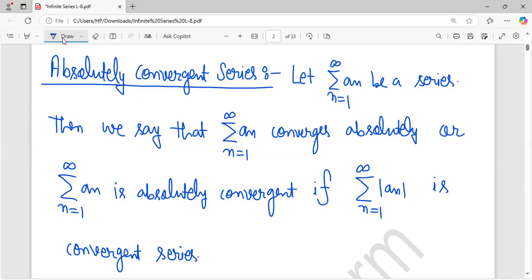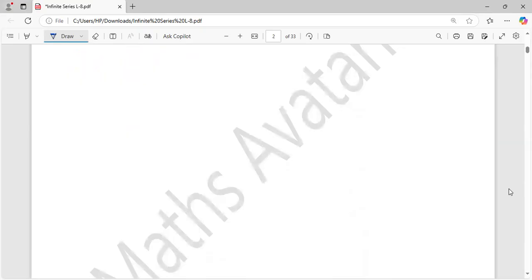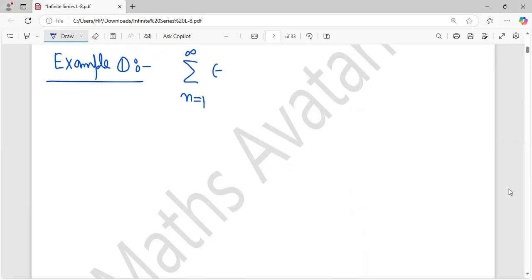For example, take this one: summation n goes from 1 to infinity, minus 1 to the power n plus 1, upon n square.